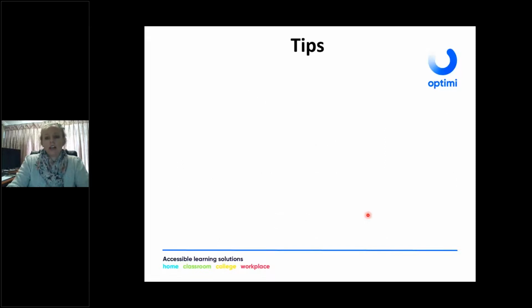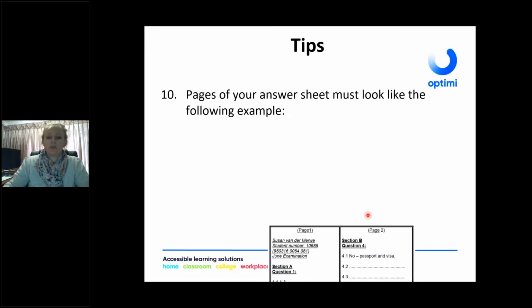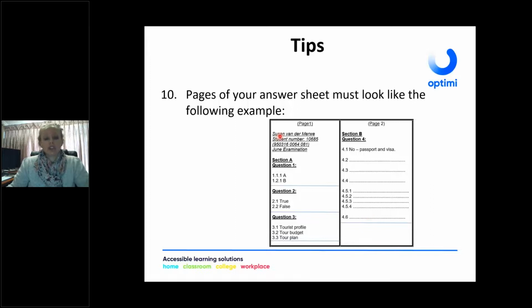Good. The next step is just to show you how your answer sheet must look like. This is just an example. So first of all, make sure that your name and surname is on your paper. Make sure that your student number is on there. And then you can write, for example, the task number or whichever examination it will be, either June or November. And then make sure that you write, for instance, section A, question 1, and you answer all your questions, draw a line.